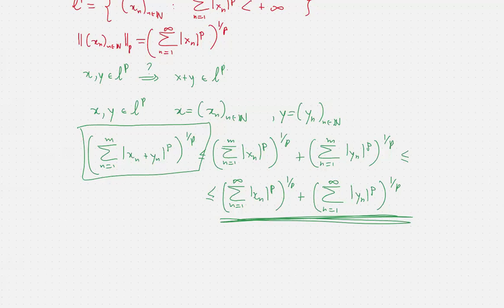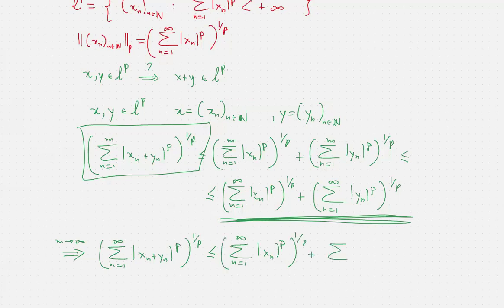And so as m tends to infinity, what you get is that the sum from n equals 1 to infinity of x_n plus y_n to the p power, all raised to the 1 over p, is less than or equal to the sum from n equals 1 to infinity of x_n to the pth power plus the sum from n equals 1 to infinity of y_n to the pth power, all raised to the 1 over p.